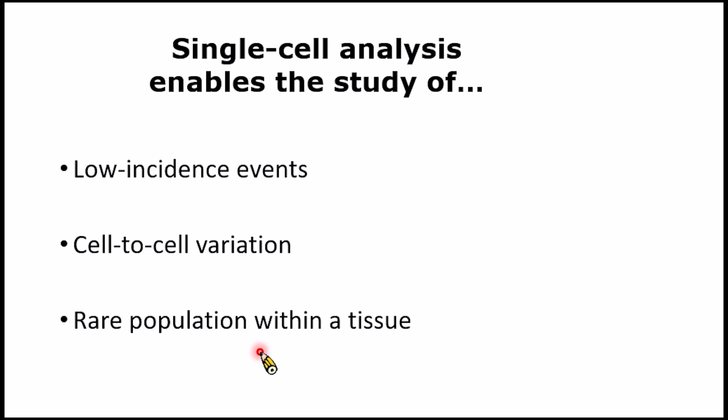And the amplification needs to be precise. You cannot introduce too much bias in this process. Single-cell analysis has been developed for many years, and it's now a relatively mature technique, and more labs are using it.